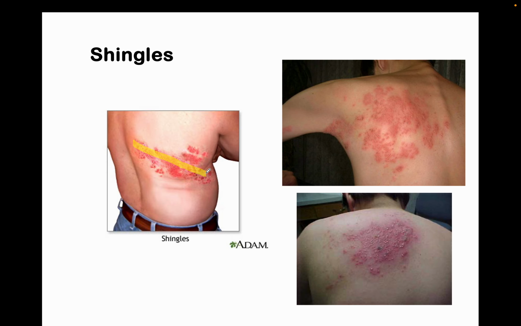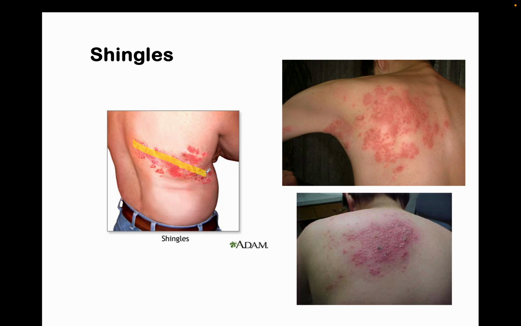When should individuals with potential shingles infection see a doctor? If the pain and rash occur on sensitive areas of the body, such as the eye, and it's left untreated, the infection may lead to eye damage.